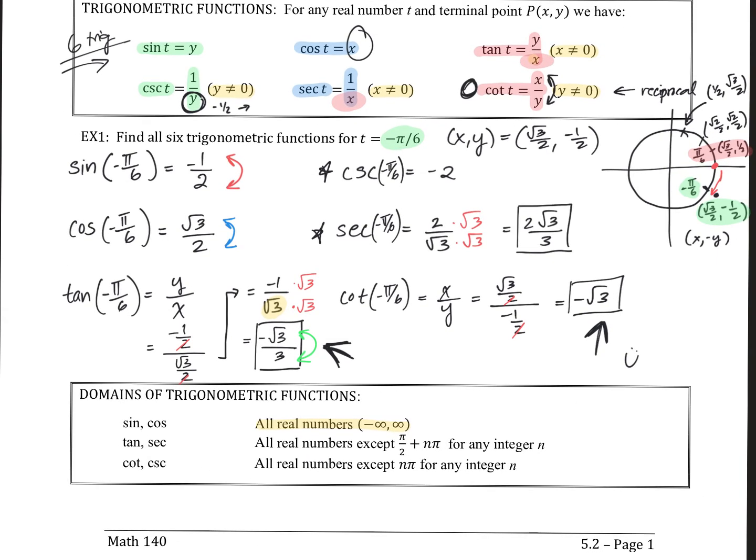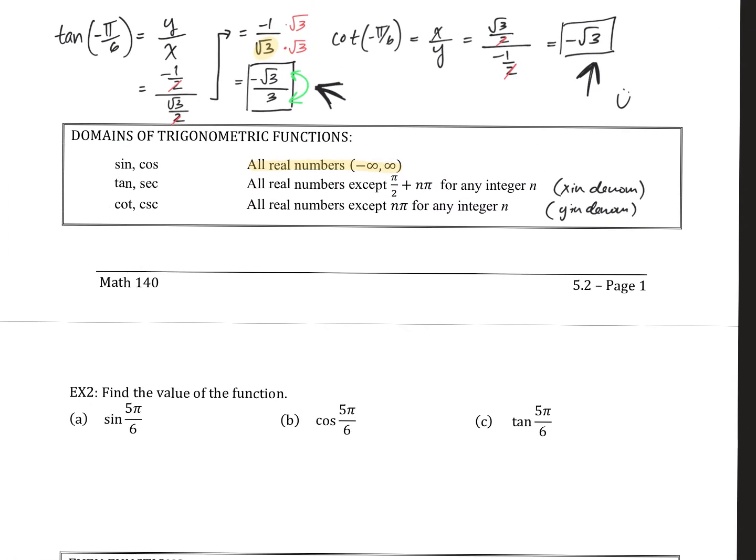And then for cotangent and cosecant, what do they have in their denominators? They have y in their denominators. Okay, I'm going to go ahead and write that down. They have y in denom, and this says x in denom. So we use the fancy terms of pi over 2 plus n pi.